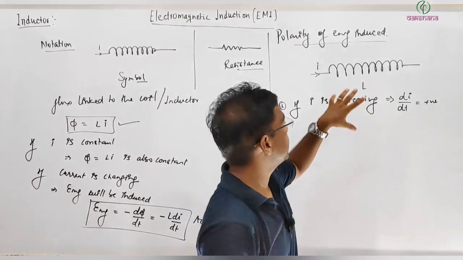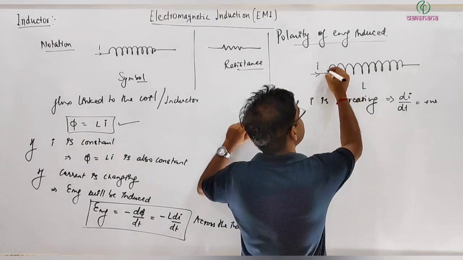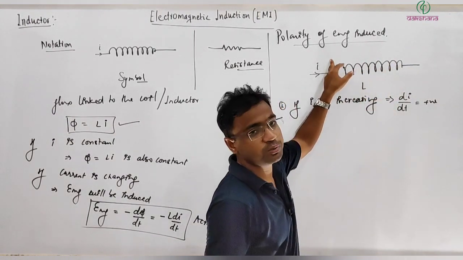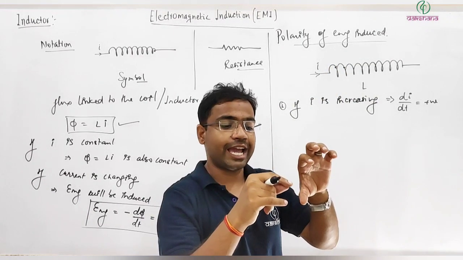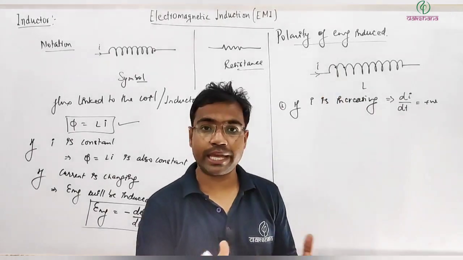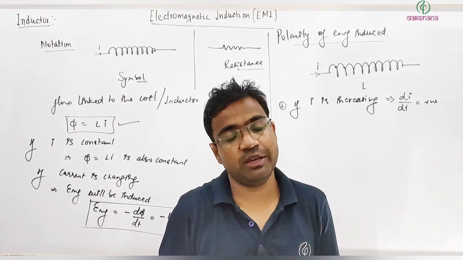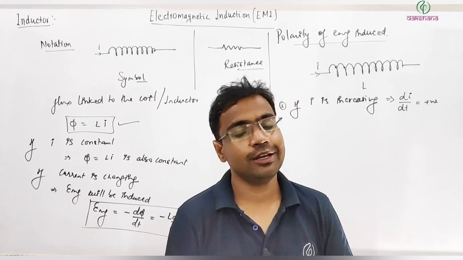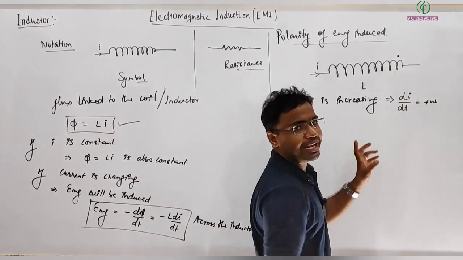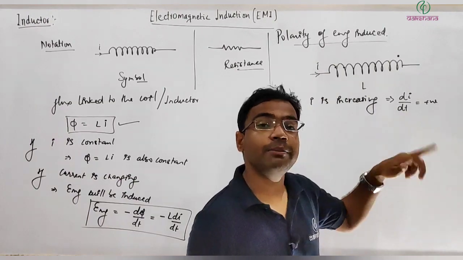From this point we can't say exactly whether the north pole of the magnetic field is here or here, because the coil can be wrapped this way also, it can be wrapped that way also, but from this symbol we can't comment on it. So we need to define, or we must be given, a dot convention, which tells you that if I am placing one dot here, it implies the north pole of the magnetic flux that this current produces is here.